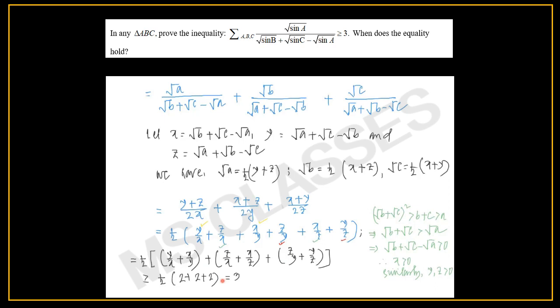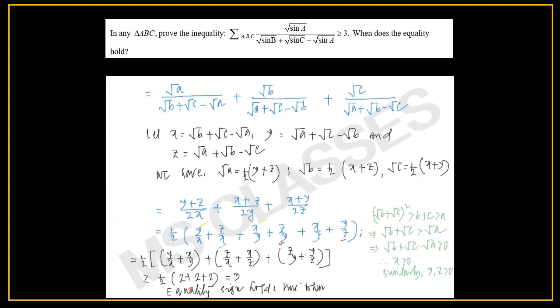while the equality sign will also hold true when we have this term equal to this term, that is x equal to y. When x equal to y, that means what? a equal to b, because if we equate x equal to y equal to z, that is only possible when a equal to b equal to c.